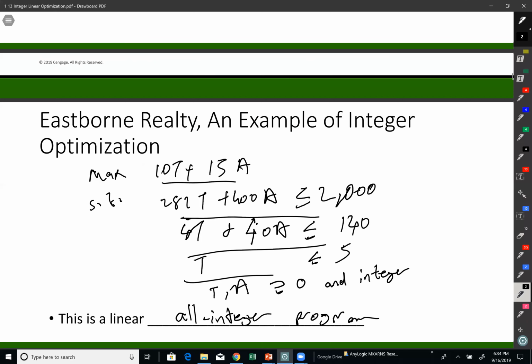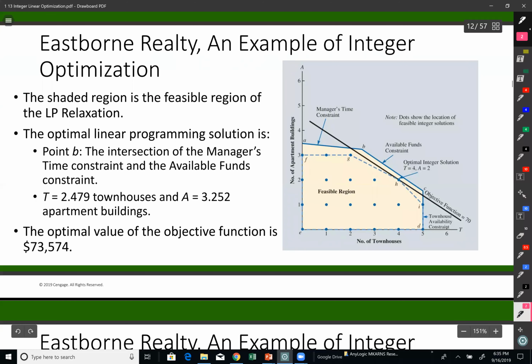So if you look at the graphical representation of this problem, here's our manager's time constraint. It's a less than or equal to constraint, so it should be under this line. And here is our available funds constraint, this red one right here.